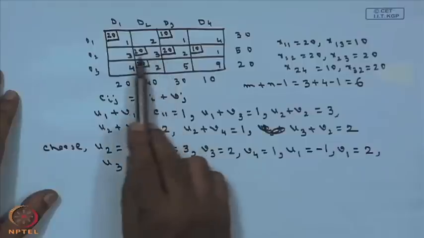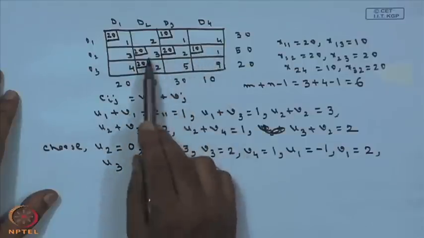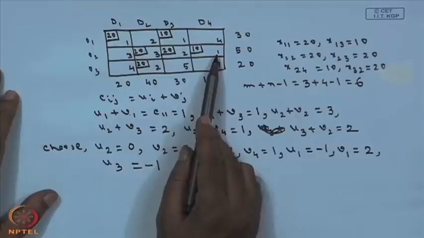The convention is that you see the row or column which has the maximum number of allocations, and you make the corresponding ui or Vj 0. For this particular problem, the second row has the maximum number of allocations, that is, the second row corresponds to the variable u2.